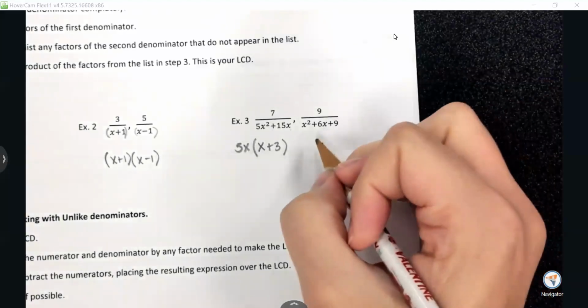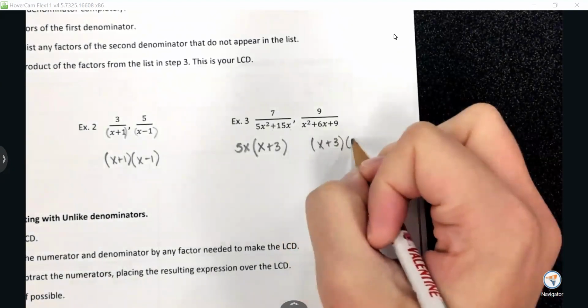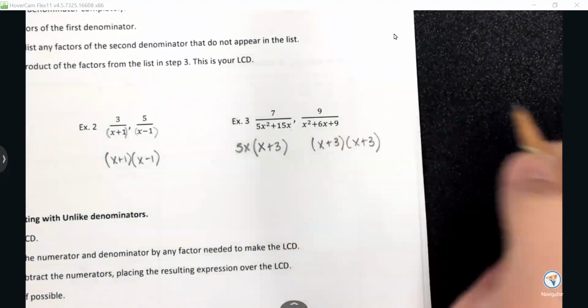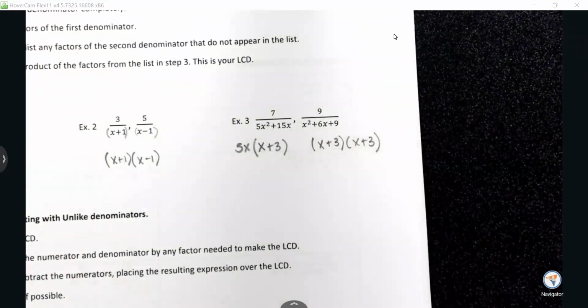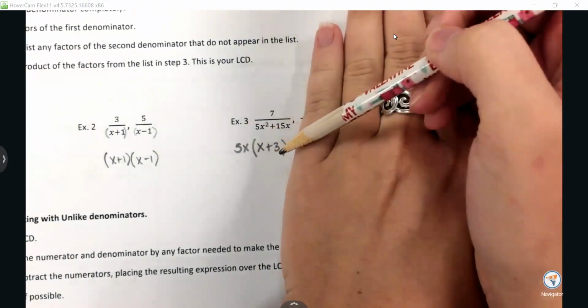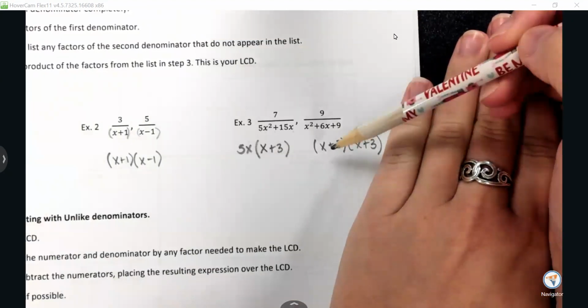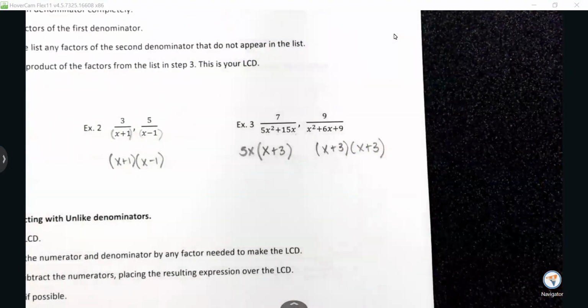If I factor the right side, I will have x plus 3 times x plus 3. So looking at the left side, I have a 5x and an x plus 3. Looking at the right side, I have x plus 3 and x plus 3. I have to take these denominators and combine them so they all have the same thing.